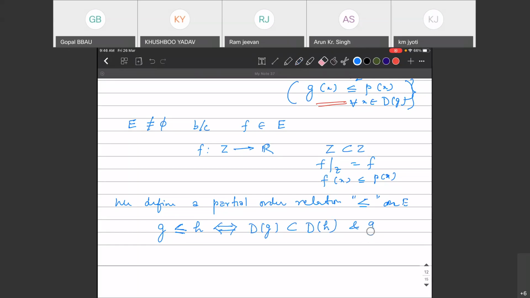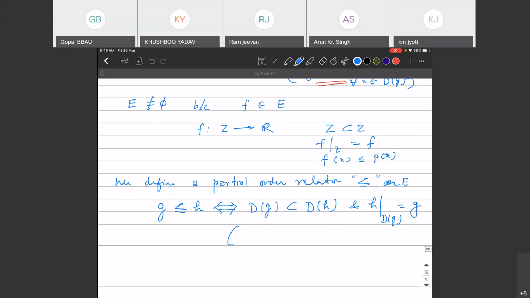And H restricted to DG gives G. So, in other words, H is an extension of G. Correct?